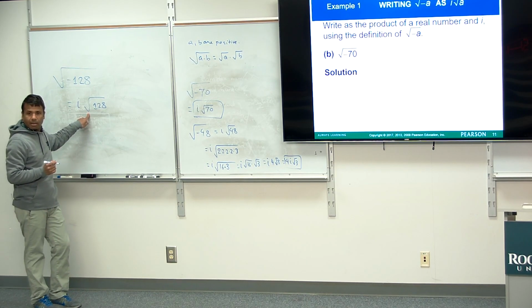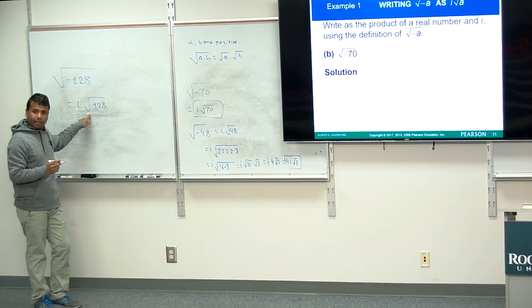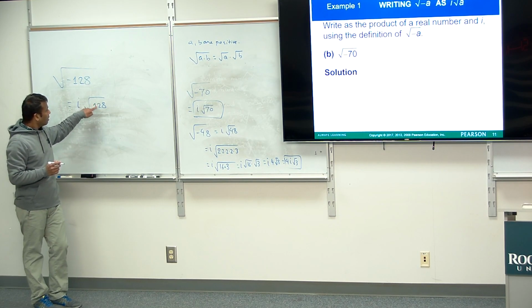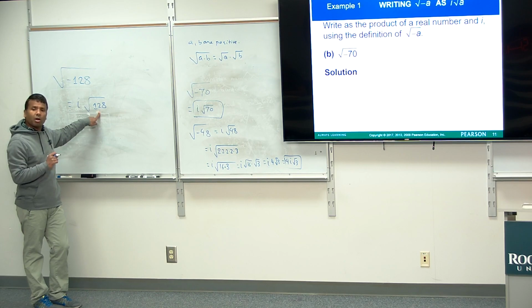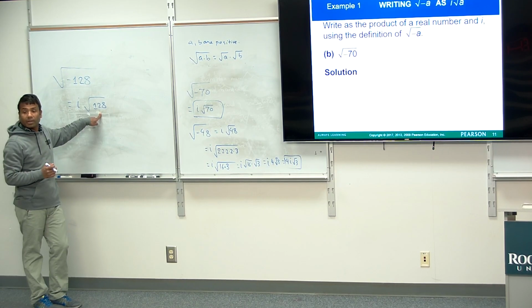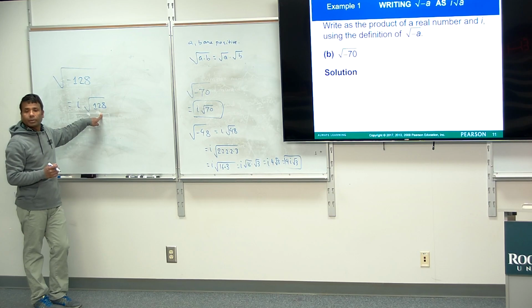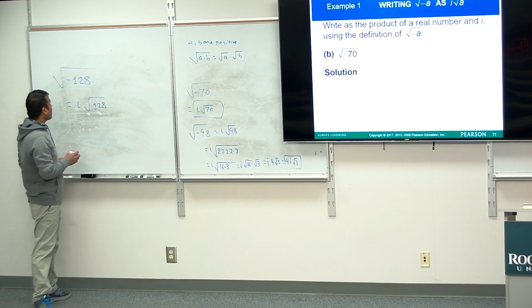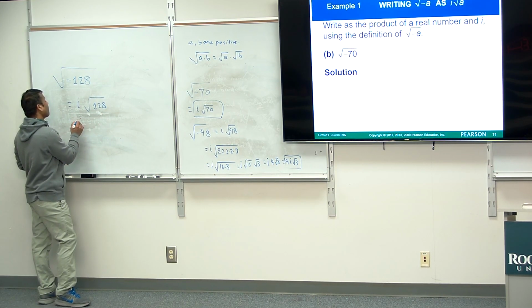Now, can you tell me, can we rewrite 128 as the product of a square number and another non-square number? What is that?